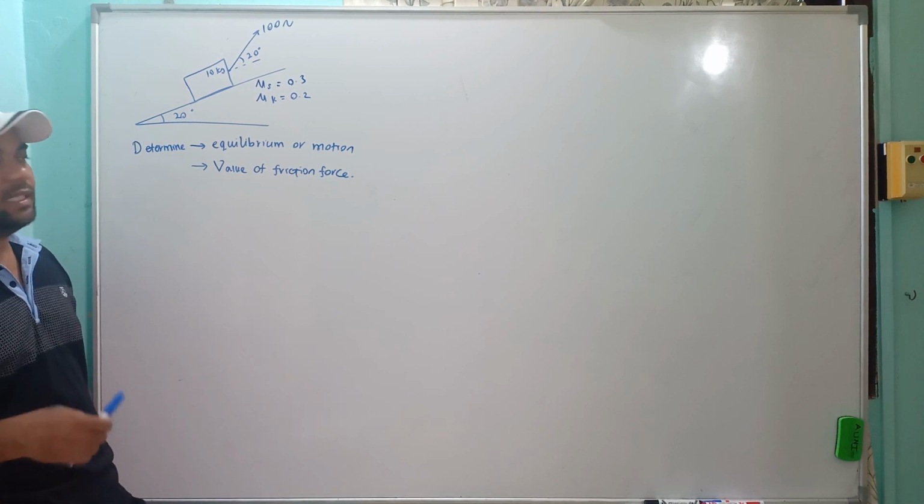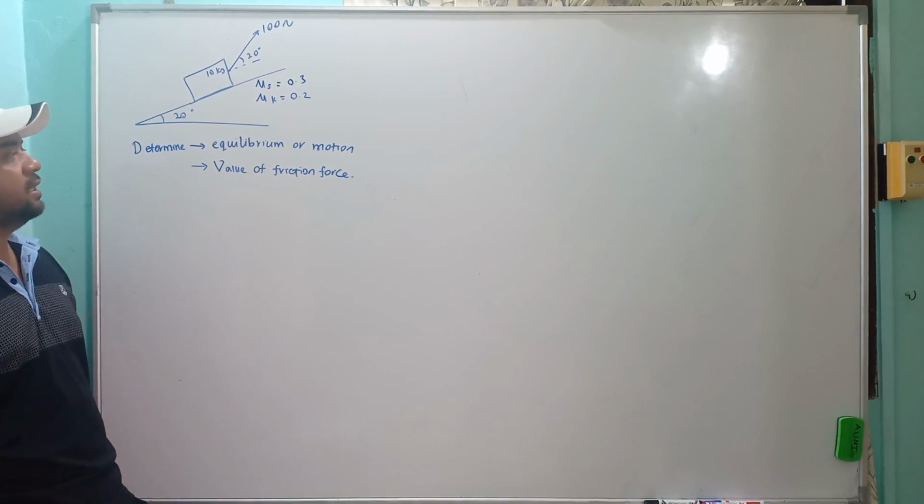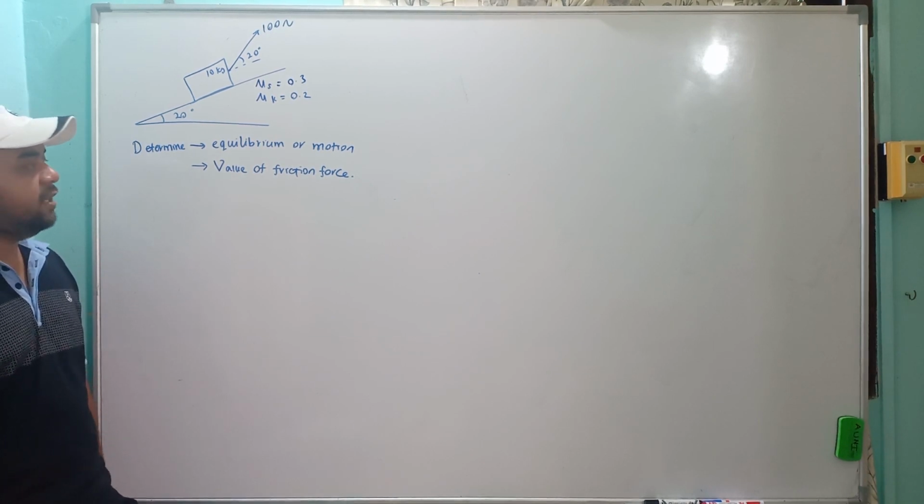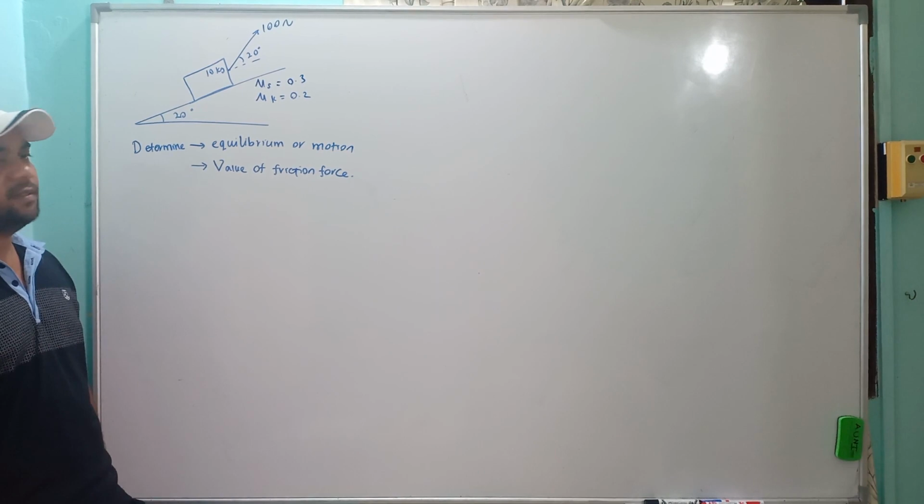The question asks you to determine whether the system is in equilibrium, meaning static, or in motion. So we have to determine moving or not moving, and the value of actual friction force.